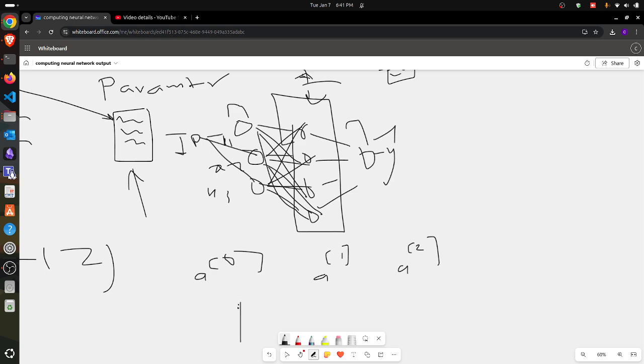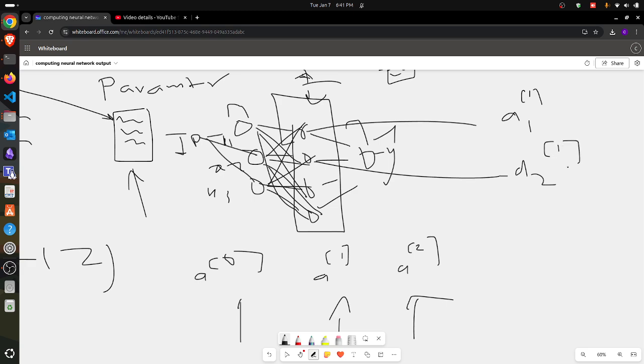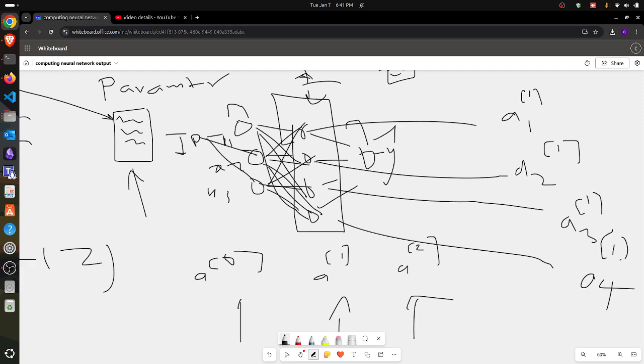So these are the layers of the neural network. And this is how we represent each node: the first node as a1, the second node as a2 of the first layer, the third node as a3 of the first layer, then the fourth node as a4 of the first layer. That's how we are going to explain the whole thing, right?